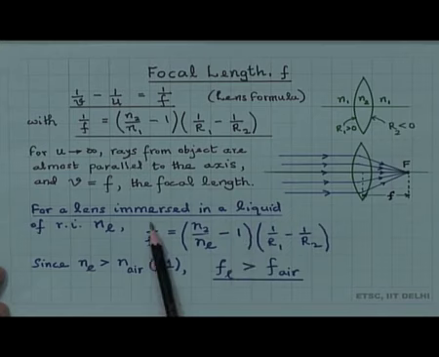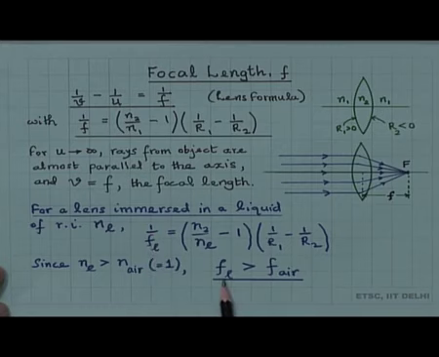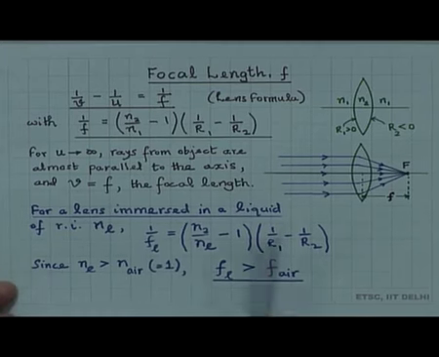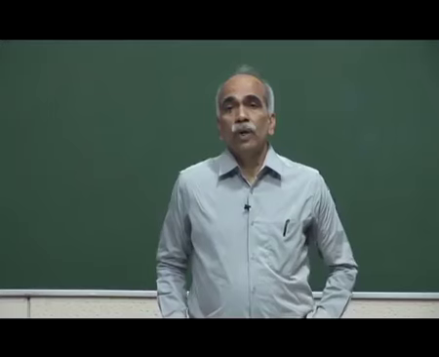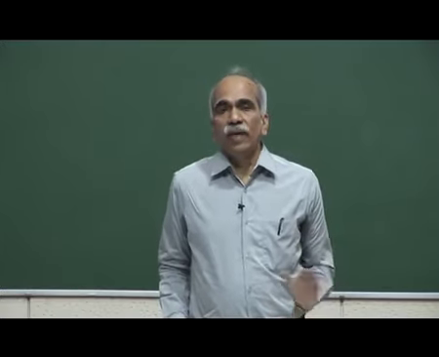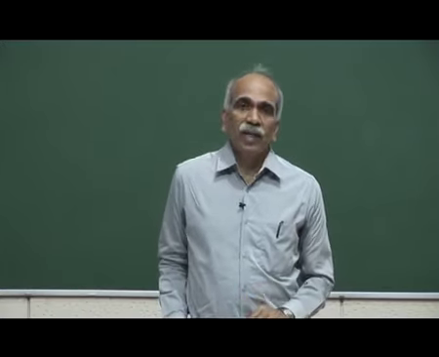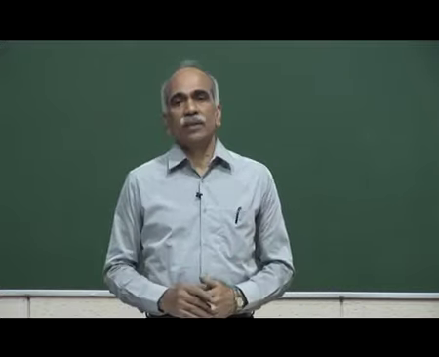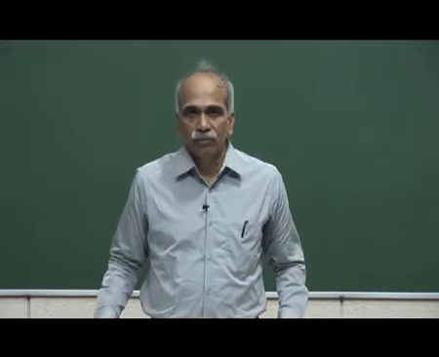This is smaller, which means 1 by FL is smaller, or FL, the focal length in the liquid, is greater than the focal length in air. There are several applications where the lens is immersed in a liquid to have a different focal length, and we know that the focal length in the liquid is larger than the focal length in air.